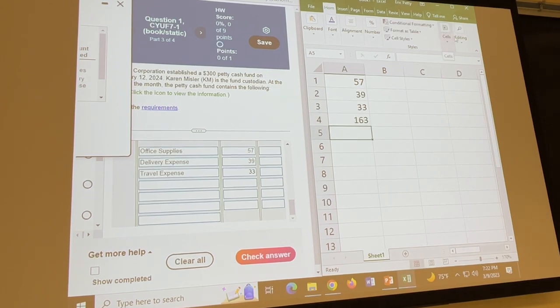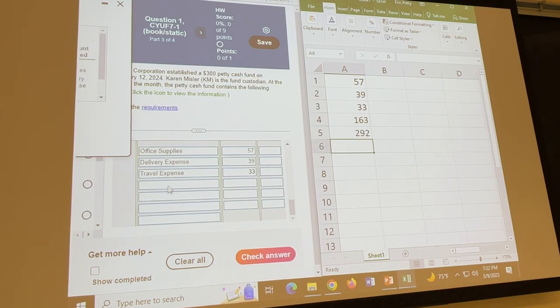So the total of those numbers is 292. And because it's an imprest system, it should have added up to 300. So if it's only 292, it means we're short $8.